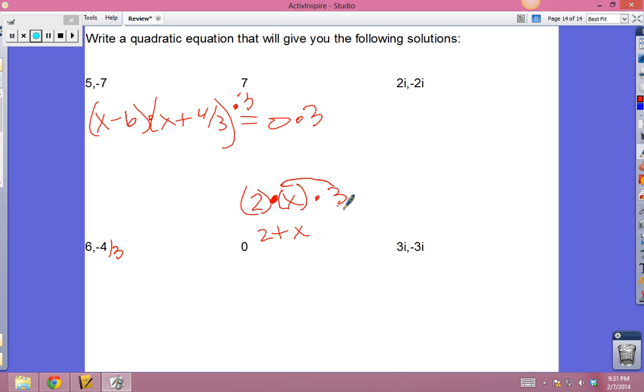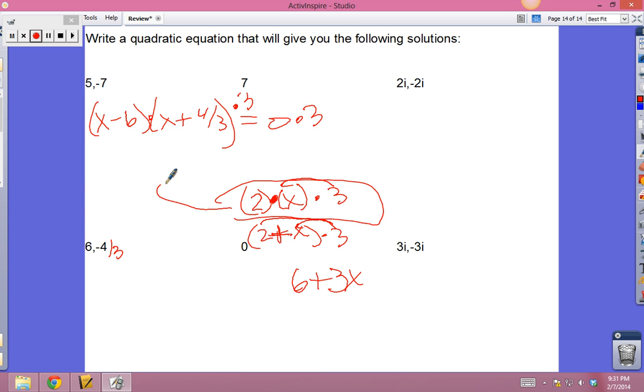So 2x times 3 is going to be just 6x. But if I have them separated by a plus sign, and I times that by 3, I need to times both of them. 3 times the 2 is going to be 6, but 3 times the x is going to be 3x. So I'm going to times it by 3, not both of these groups, just one of them, because there's really only one term here.